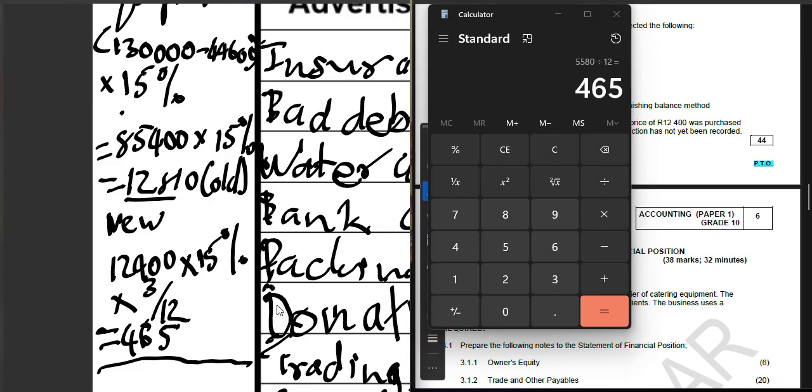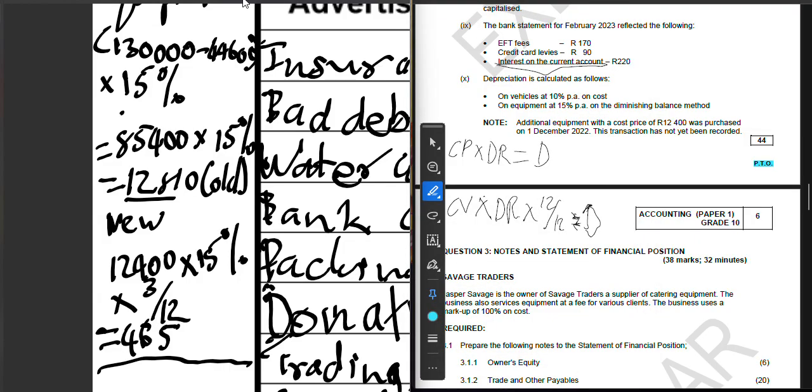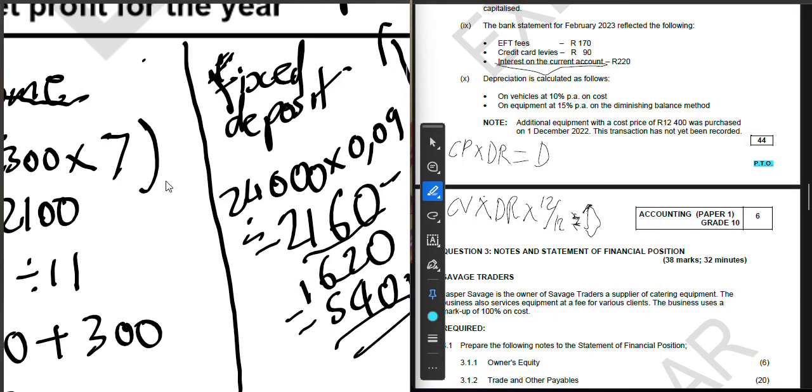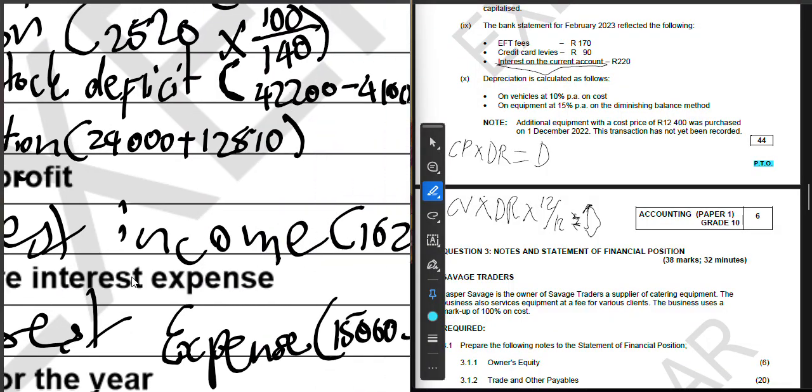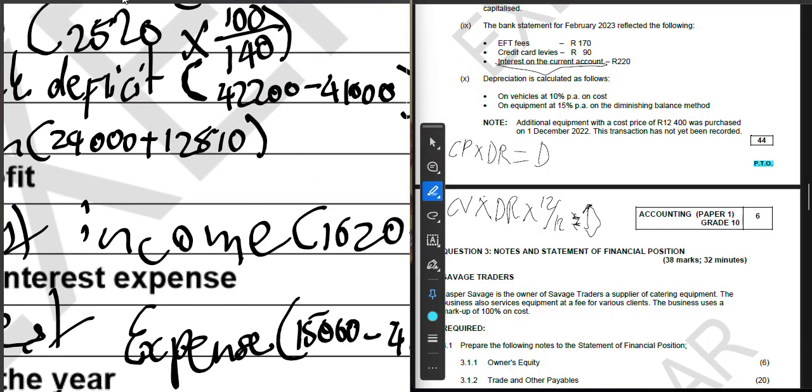All that's left now is to put the depreciation in the right place. Here, we already wrote the depreciation of the vehicles and the old equipment. Now we simply add the new equipment.